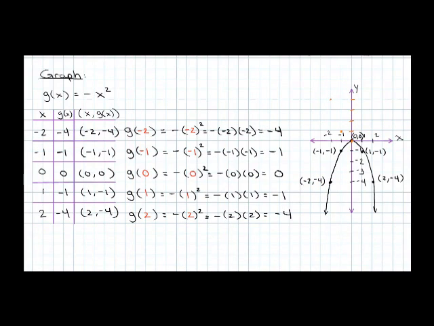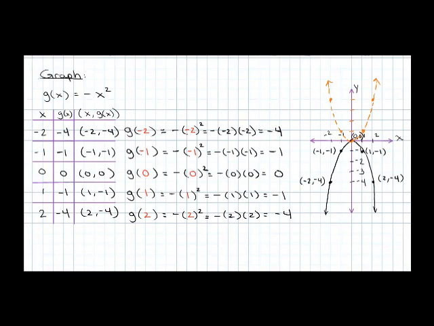I'm going to draw the last graph I did from part 1 right above it so you can compare the two. And you're going to notice that it's a clear reflection of this parent graph across the x-axis.